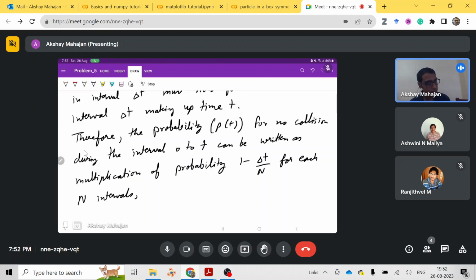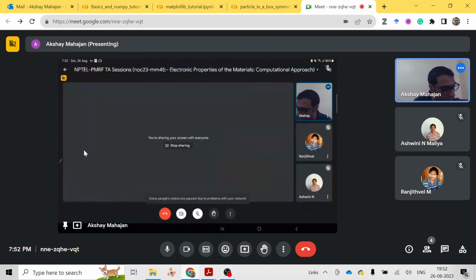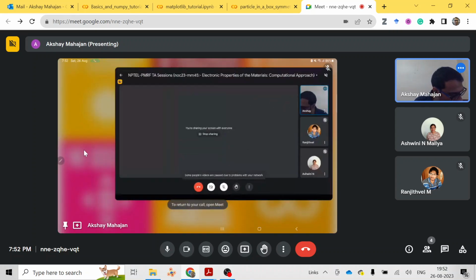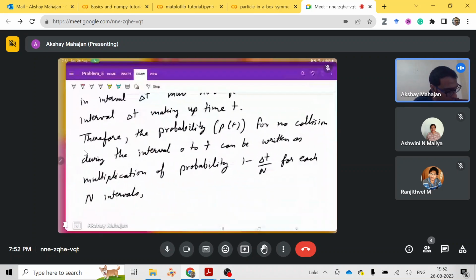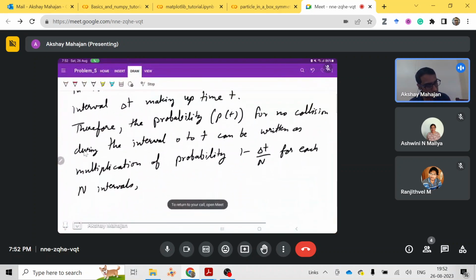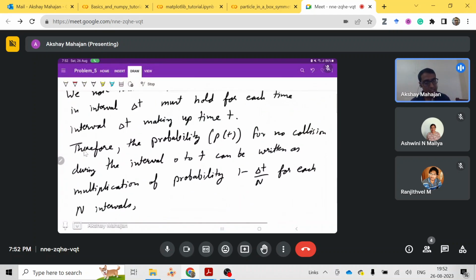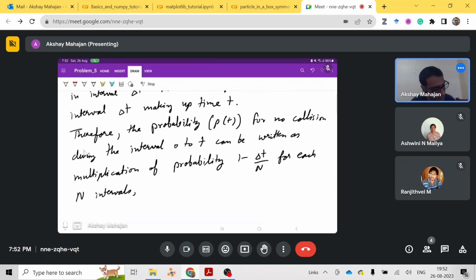Okay, so basically for each delta t there should be no collision. So the net probability that there will be no collision from 0 to t will just be the product of this 1 minus delta t by n.